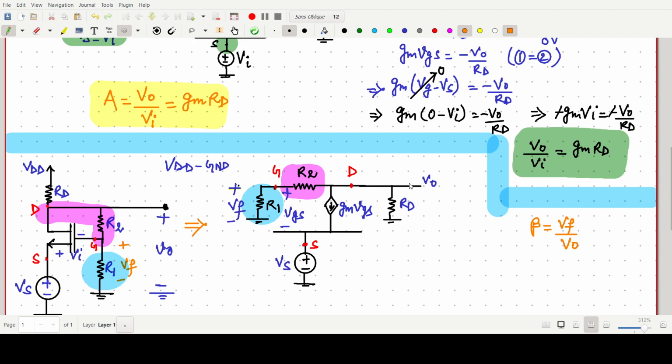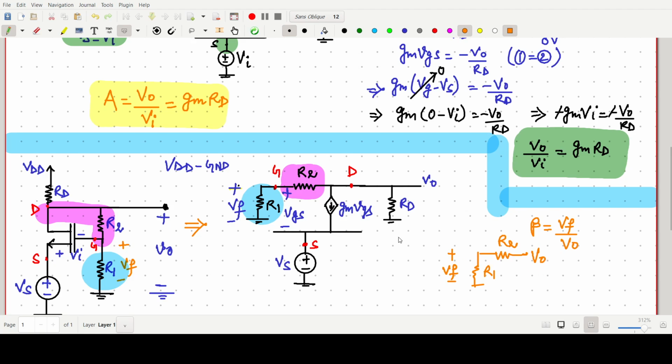Vf upon V naught. Here what we observe is that there is a resistance R2 and one more resistance R1, and this voltage is our drain voltage, nothing but simply V naught, and this voltage is simply our Vf.